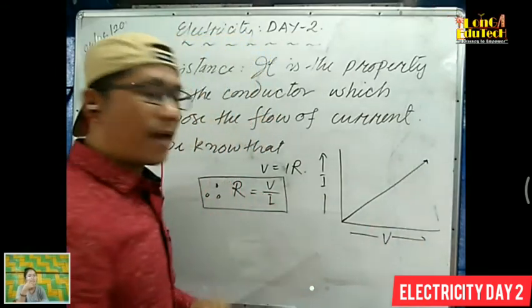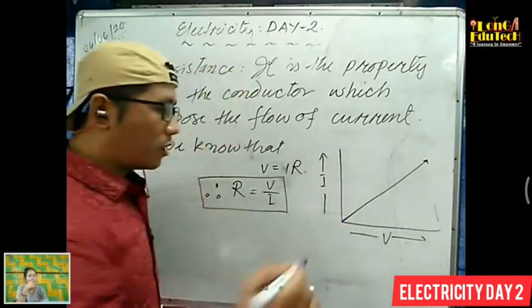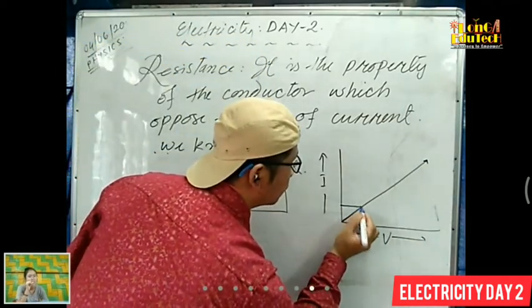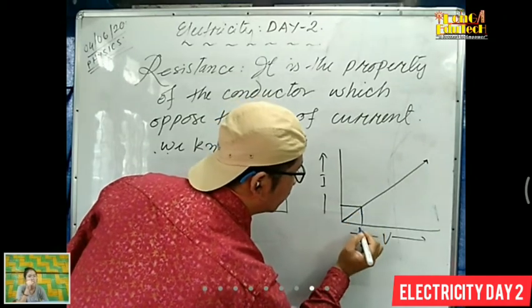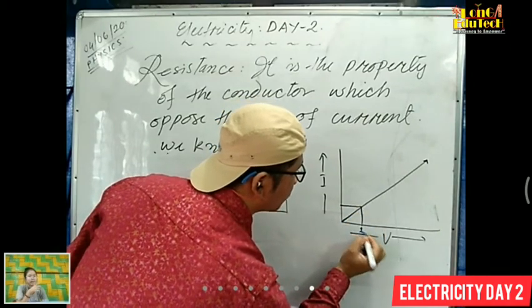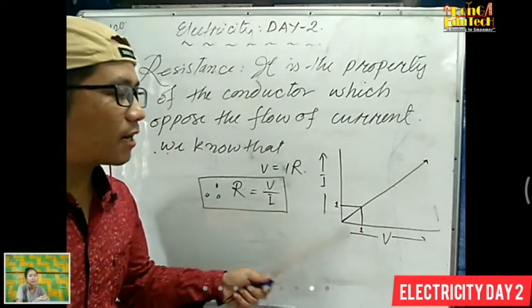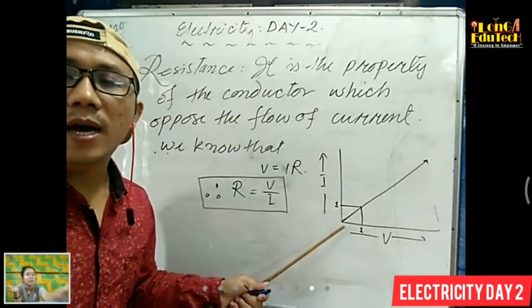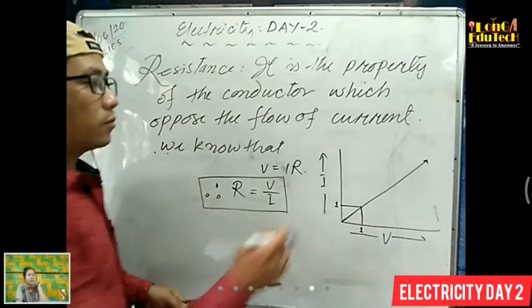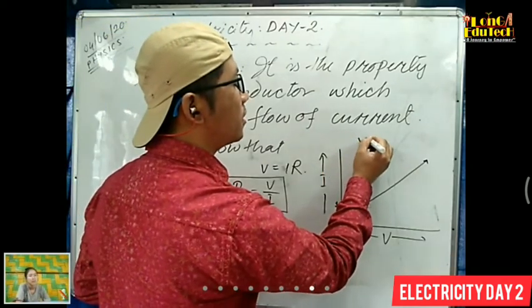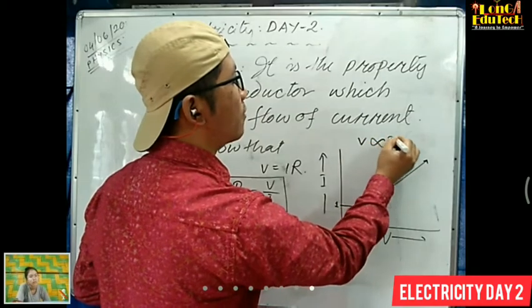That means we already know that if the voltage is 1, then the current also will be 1. From where do I come to know? You come to know from Ohm's law. Ohm's law says V is directly proportional to the current.